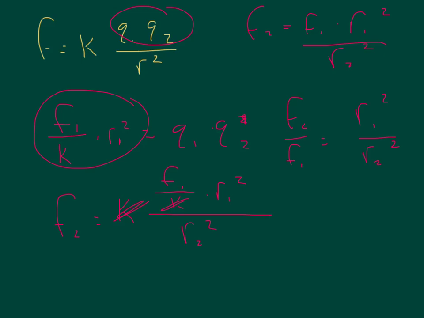Now I typically make a habit of converting all of my units to standard units because K is written in standard units. So if K was in our equation, we would have to write everything in standard units, but since it's not, your answer is going to turn out the same either way because K canceled out. So you can put 2.55 micronewtons, or you could convert it and say 2.55 times 10 to the -6 newtons, and then whenever you got your answer, you would have to convert your answer back to micronewtons.